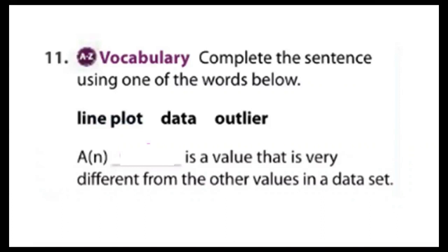It means here you are going to select one of these 3 words as the answer. A blank is a value that is very different from other values in a data set. If you remember from the last lesson, I said it is outlier.